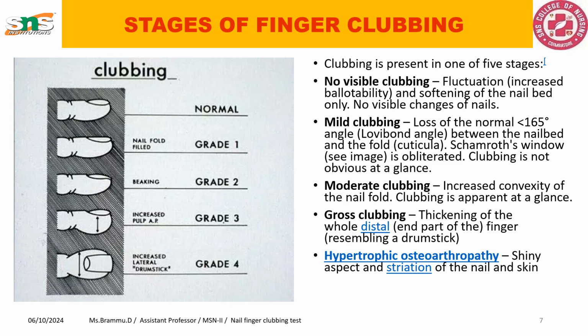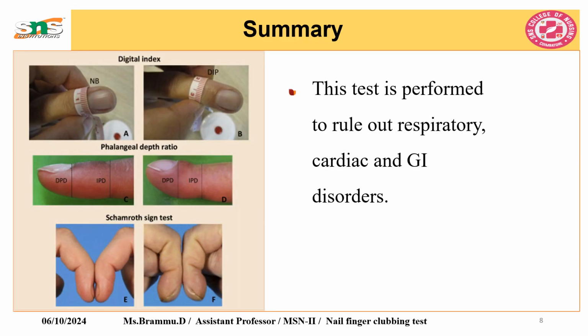This clubbing can take place in respiratory or cardiac diseases when there is cyanosis due to decreased oxygenation to the tissues, and hypertrophic osteoarthropathy can also be a major cause for developing this clubbing. So we have to be very clear whether the clubbing is purely due to cardiac or respiratory diseases, or might be a nail fold abnormality or bone abnormality.